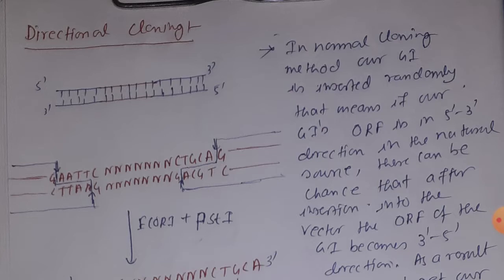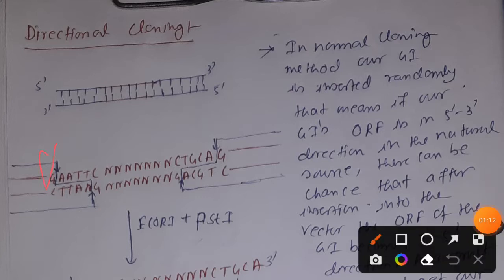So what is the big picture of cloning? Cloning means xeroxing, right? We are xeroxing our gene of interest. The source of that gene of interest is a natural source. From that natural source, we cut out our gene of interest by restriction endonuclease.